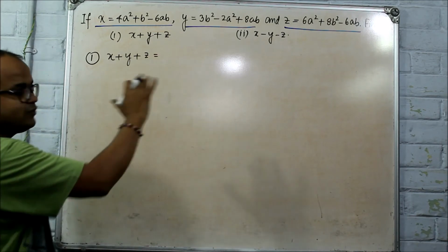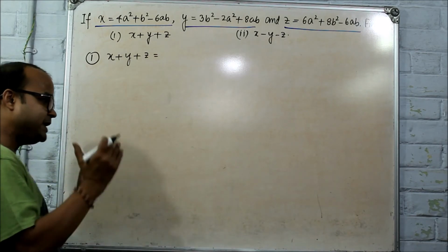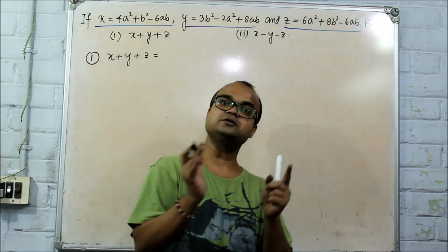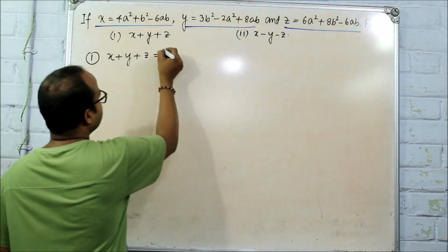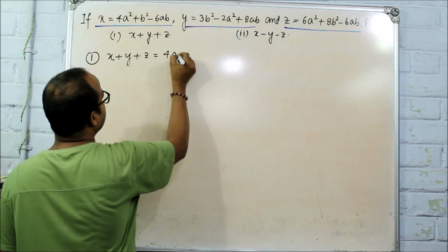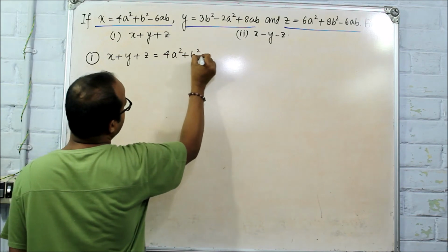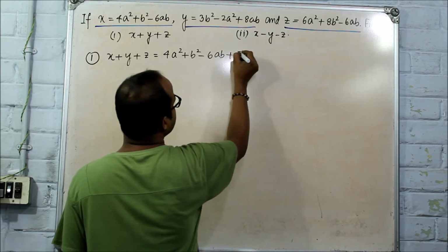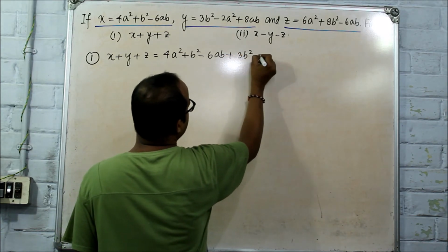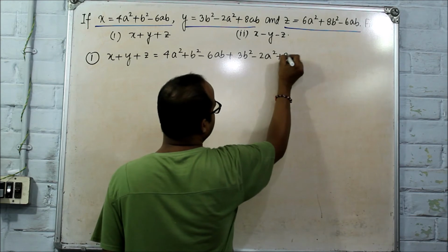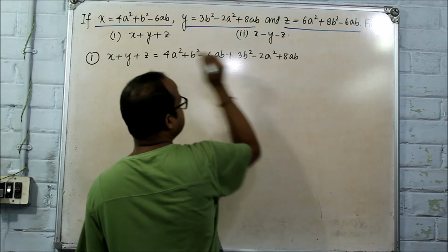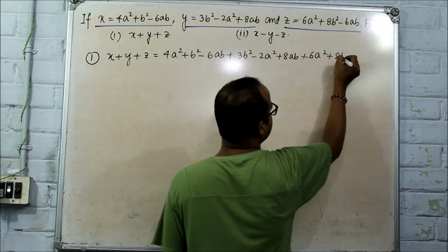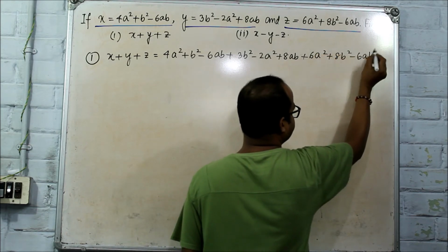Now the values of x, y and z are given to you, so in place of x, y and z, substitute their respective values. So in place of x we substitute 4a square plus b square minus 6ab, plus y, that is plus 3b square minus 2a square plus 8ab, plus z, that is plus 6a square plus 8b square minus 6ab.